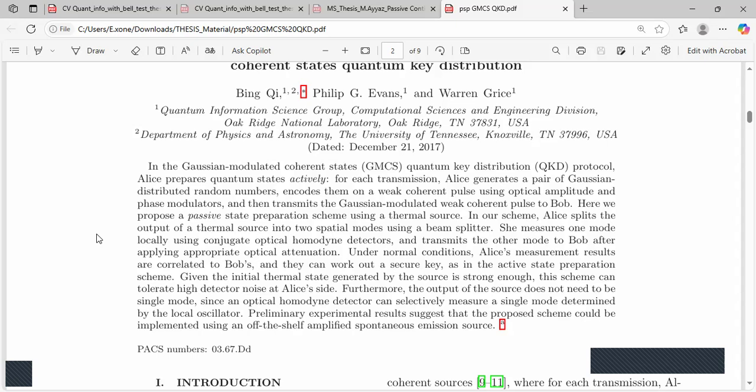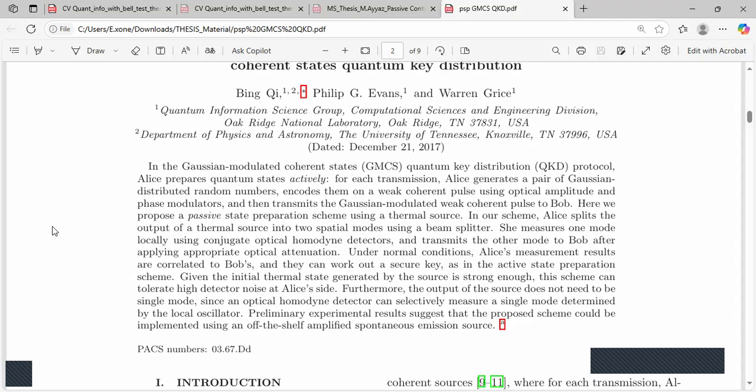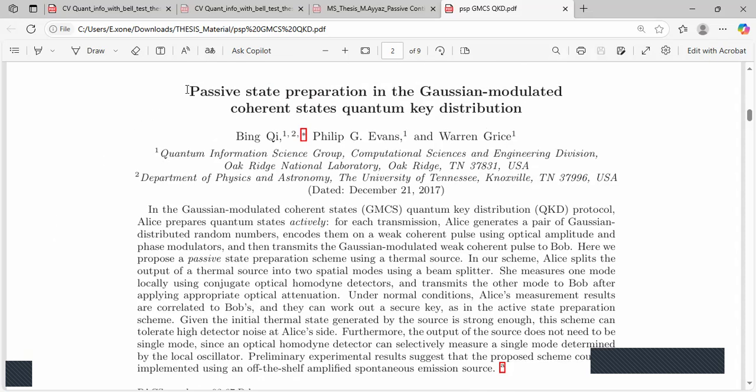In such a setting, the modulators cannot modulate the coherent state at the speed demanded by the setup, and that's why they are not that efficient in a quantum key distribution setup. So these were precisely the two main reasons to introduce passive state preparation.